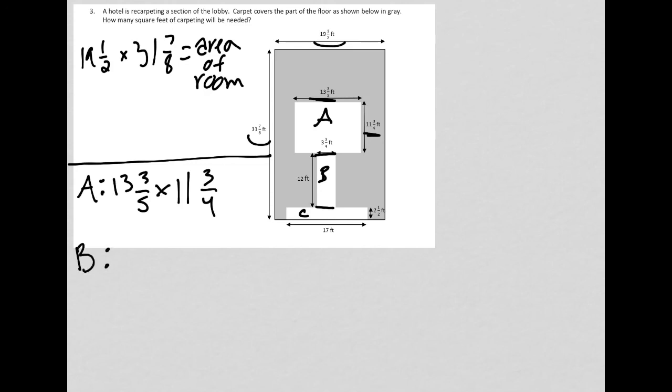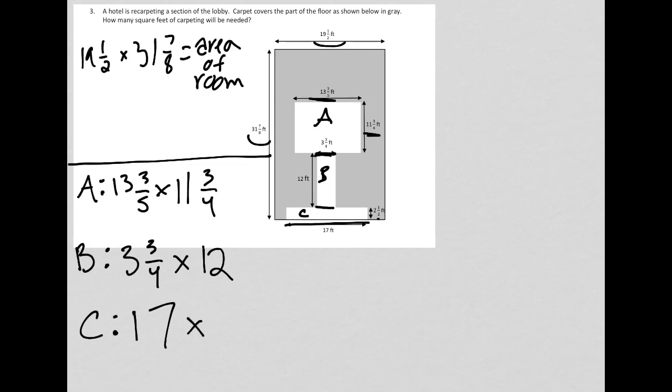And then B is 3 3/4 times 12. I appreciate how they have everything labeled for me. And then C is 17, so that's this length, by 2.5.